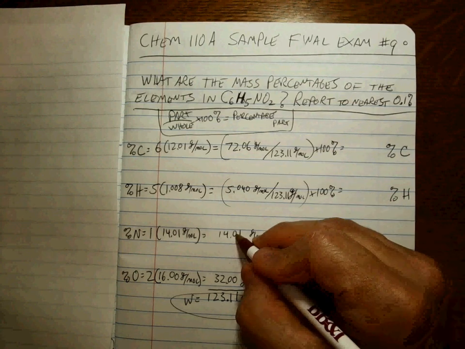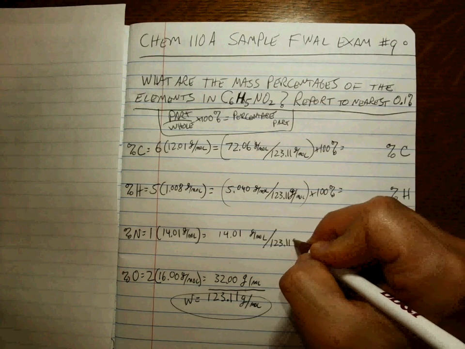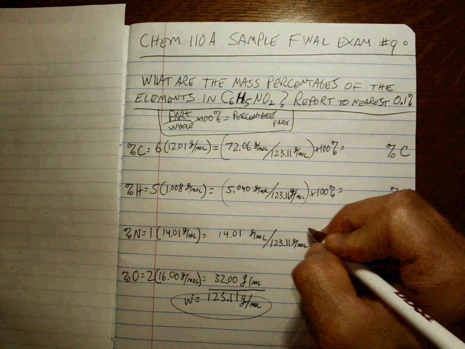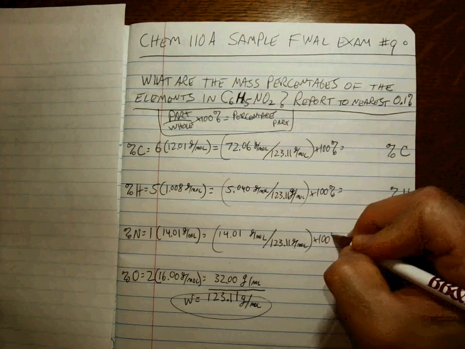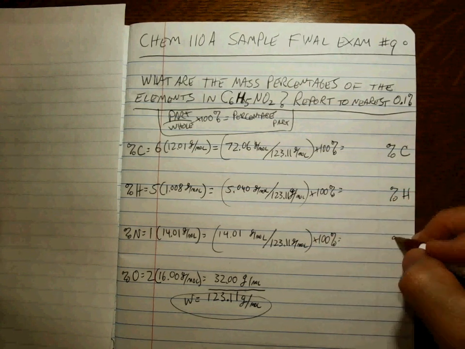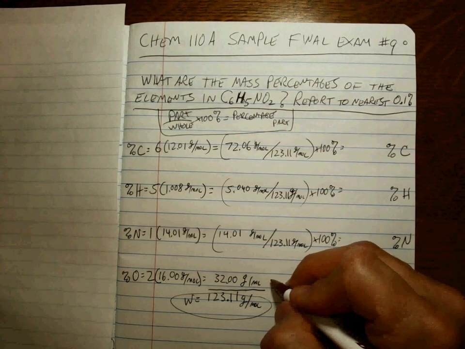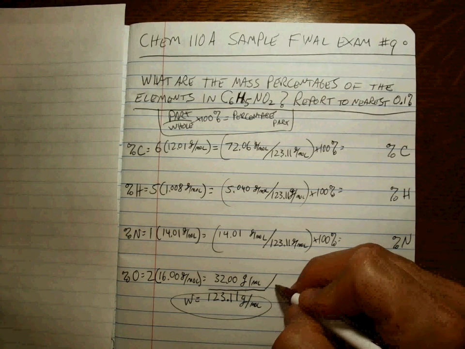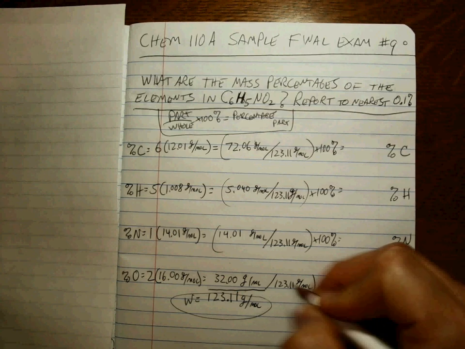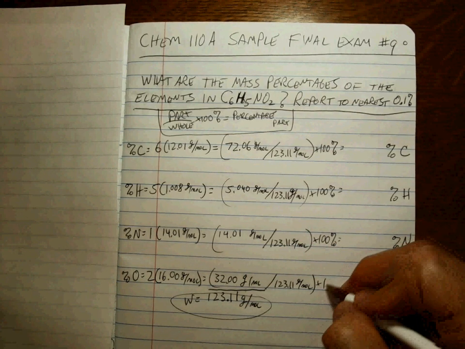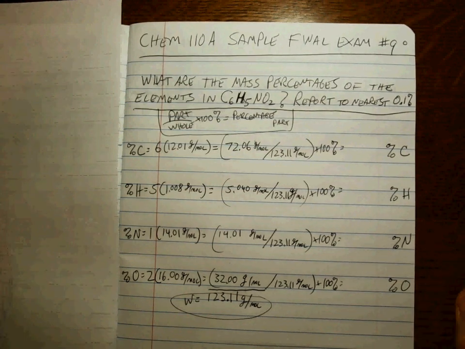Divide the part that belongs to the nitrogen by the whole, which is the entire molecule's molar mass, multiplied by 100%, and that'll give me the percent nitrogen. Divide by the whole molecule and multiply by 100% to give me the percent that belongs to the oxygen.